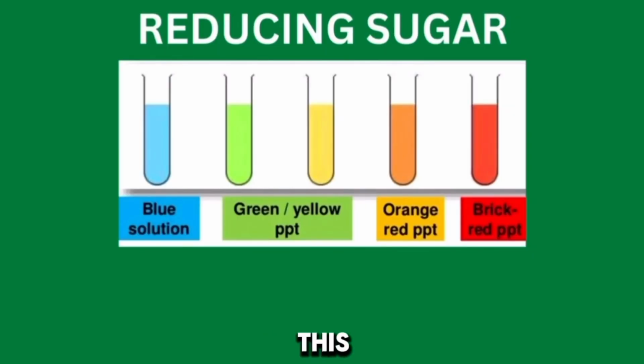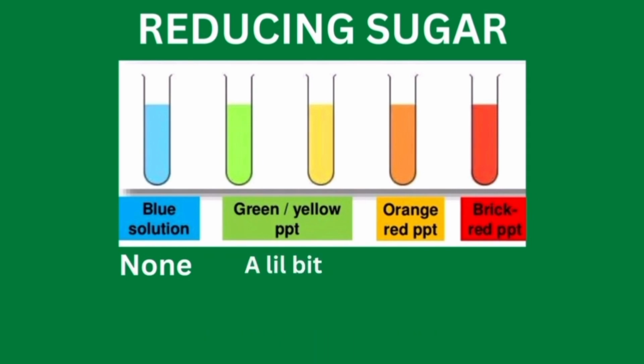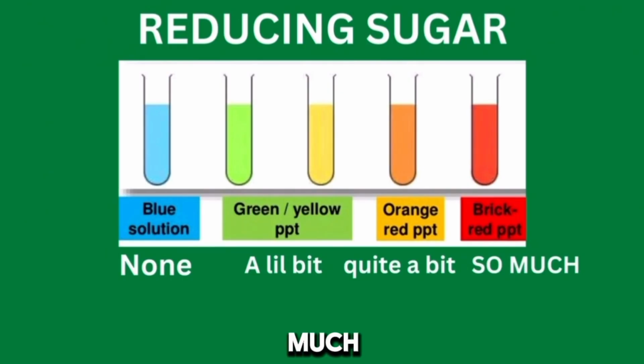So here I'm showing you this spectrum, and it goes from lowest concentration, or nothing, to the highest concentration. Blue means nothing, there's none. Green means there's a little bit of monosaccharide in there. Orange means there's quite a lot, right? And here, brick red means there's so much, okay?